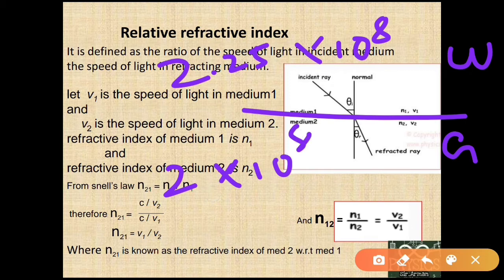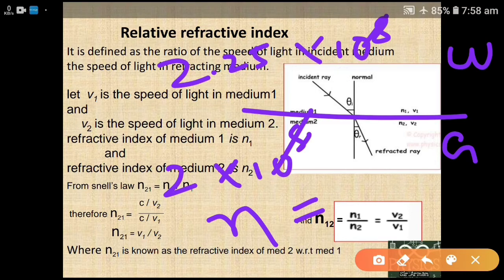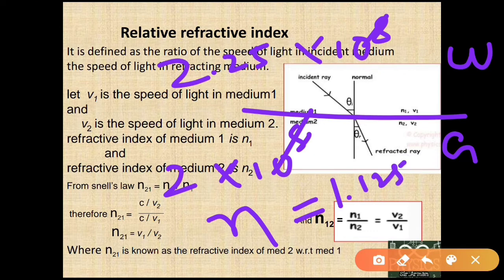Now if you take the ratio, eta is equal to 2.25 into 10 raised to 8 divided by 2 into 10 raised to 8. So this and this get cancelled and you obtain 1.125. So here the speed changes by 1.125 times when it enters the glass. But in case of the vacuum, the speed changes by 1.5 times.